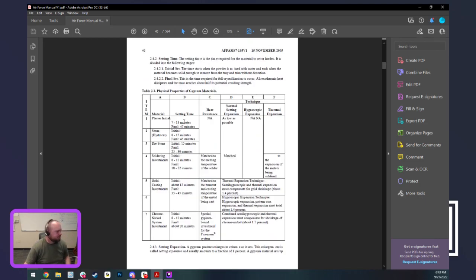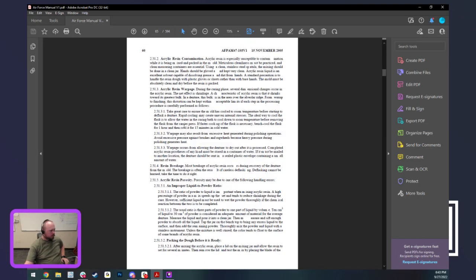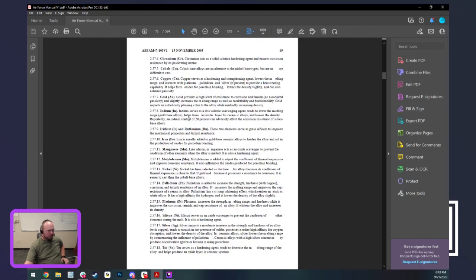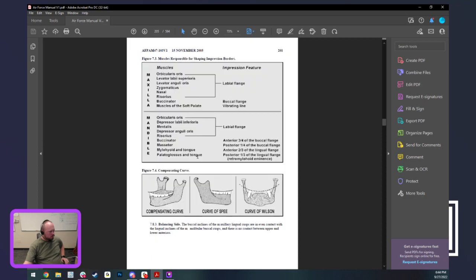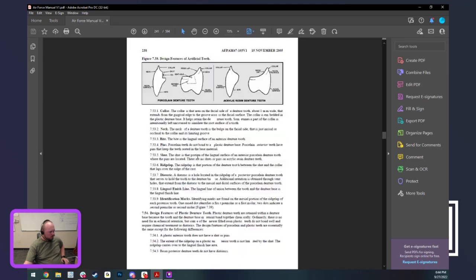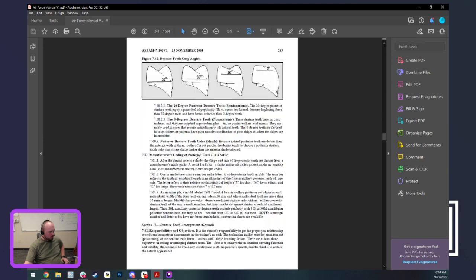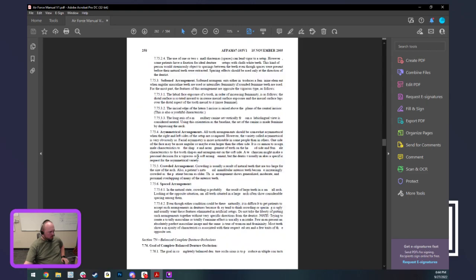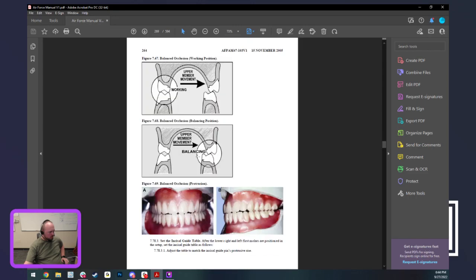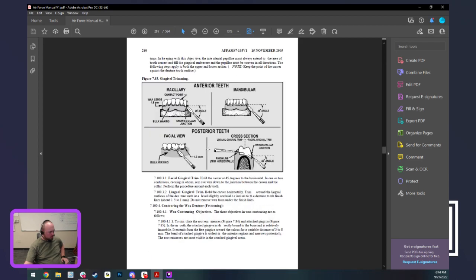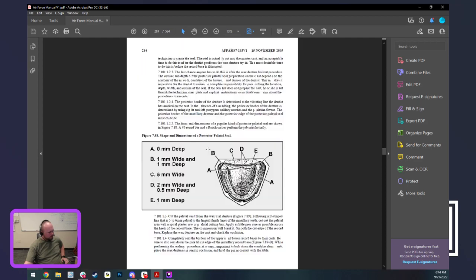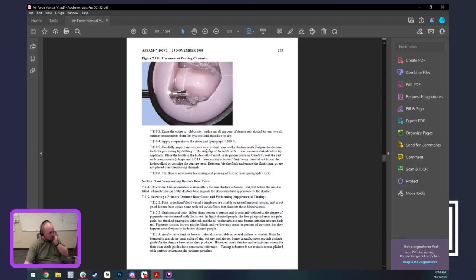All right, I apologize. This is how my brain works, so we're going to try this. Nice graphic. All right, I'm going to find that graphic real quick.